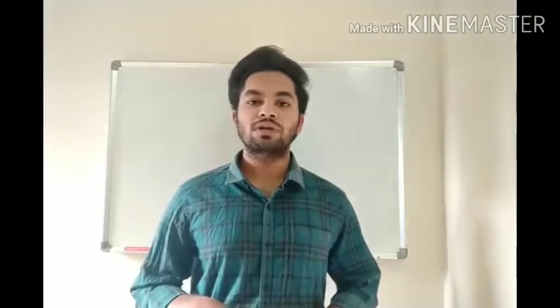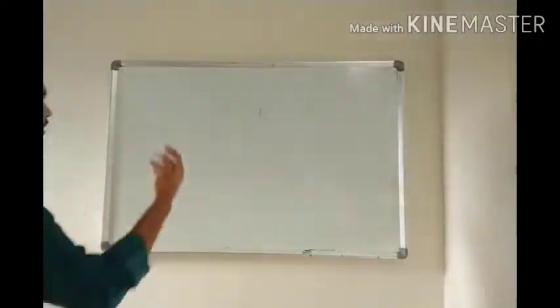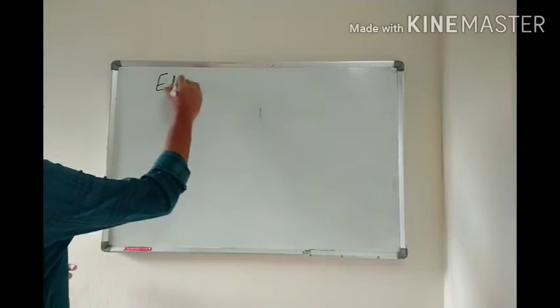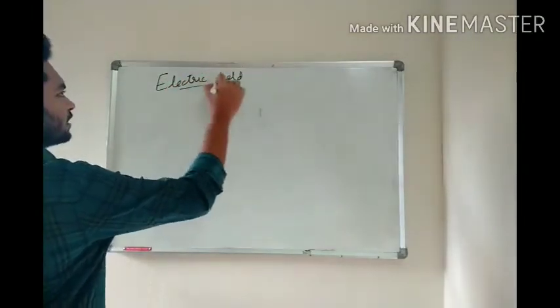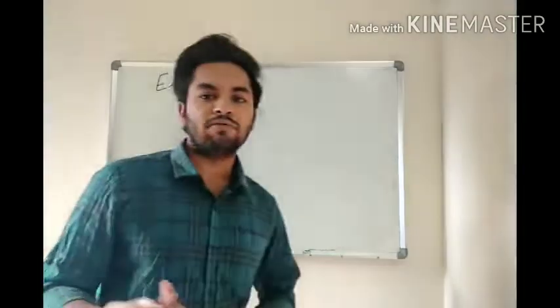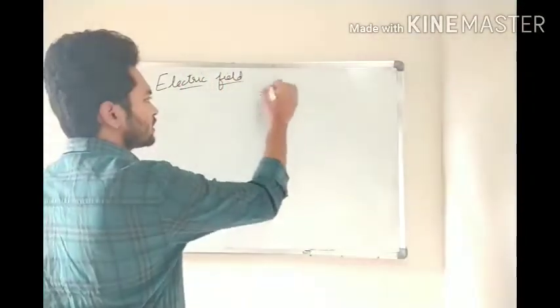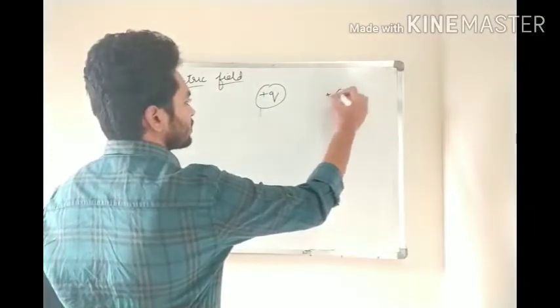So today we are going to see a new topic, which is electric field. In our previous 4 lectures, we have seen two positive charges, plus q and plus q.